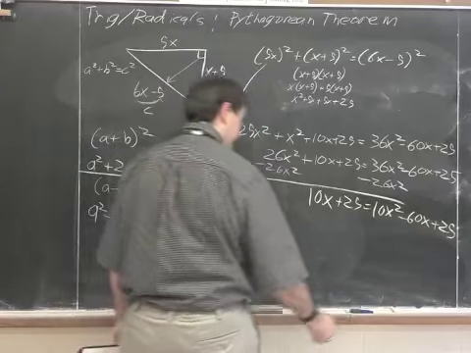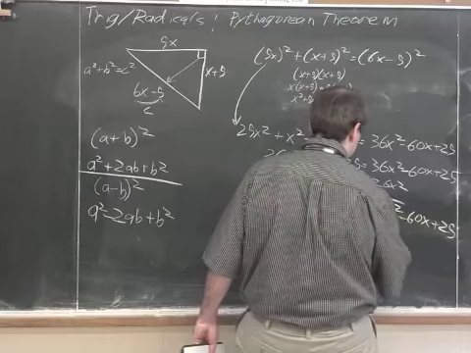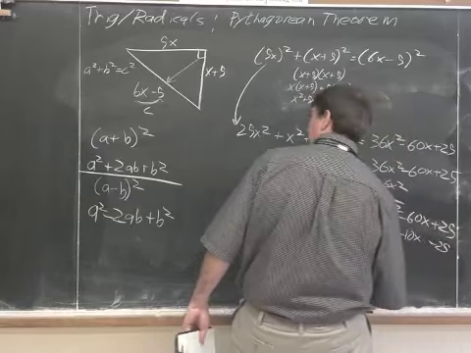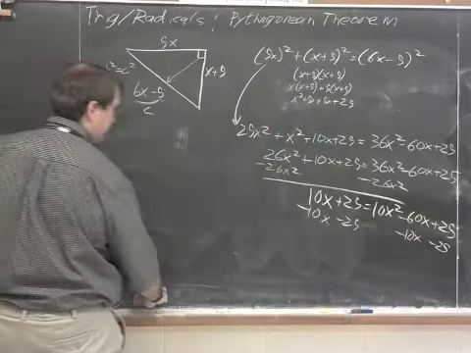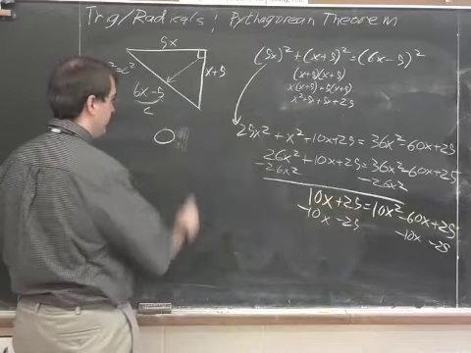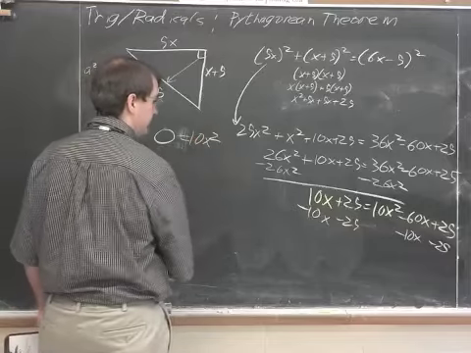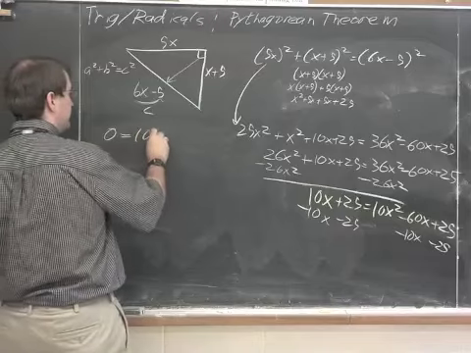Now we'll go ahead and minus the 10x, and I'll just minus the 25 from both sides as well. I'm going to rewrite that just to give myself a little bit more room to work with. So I get 0 equals 10x squared.